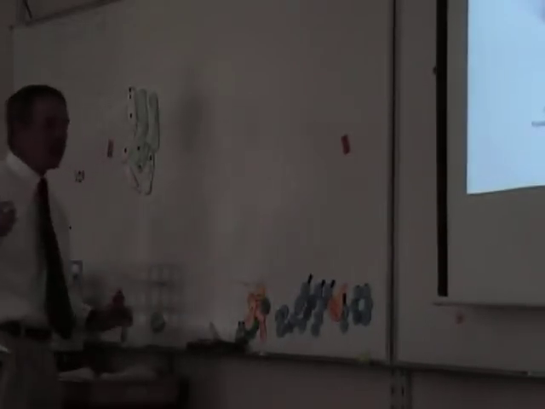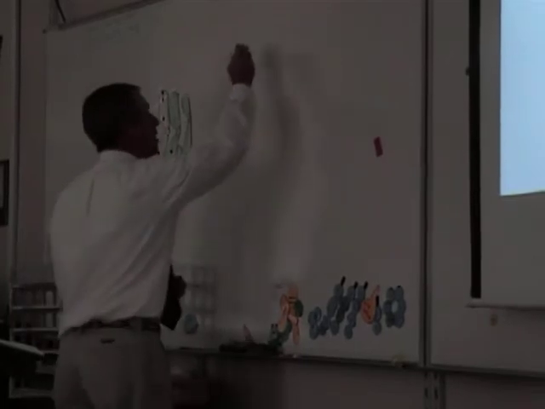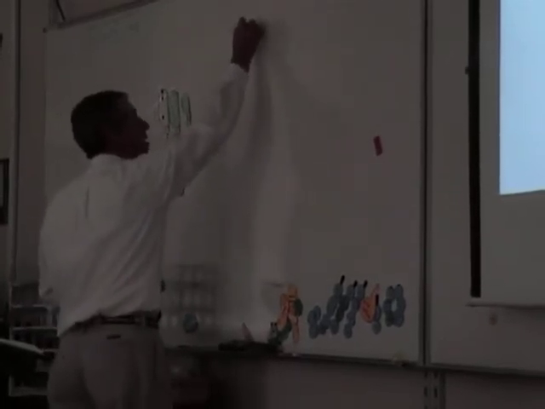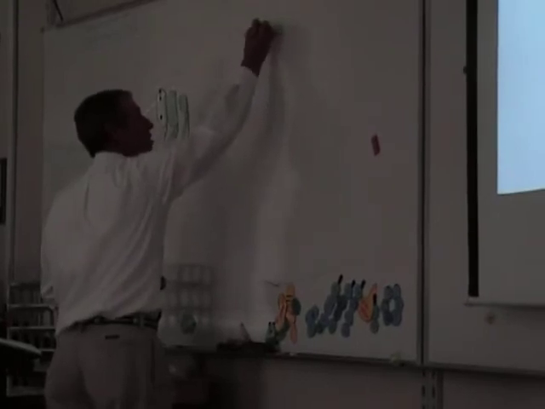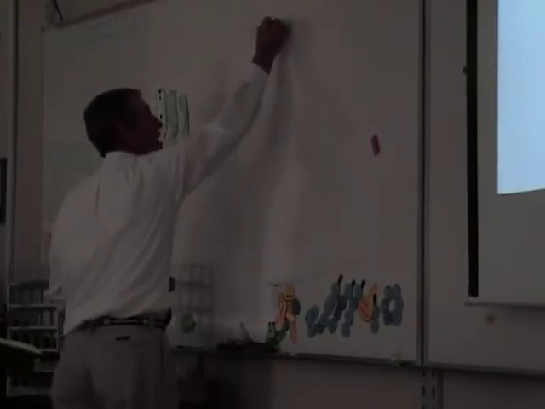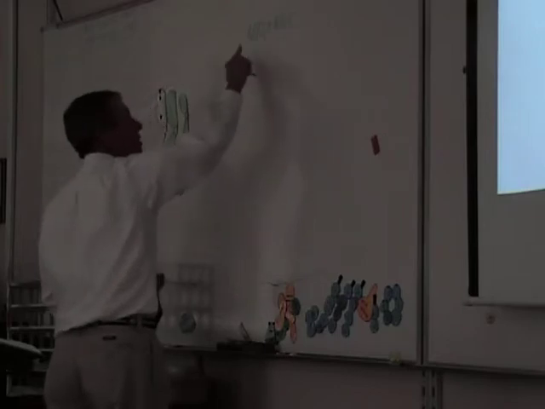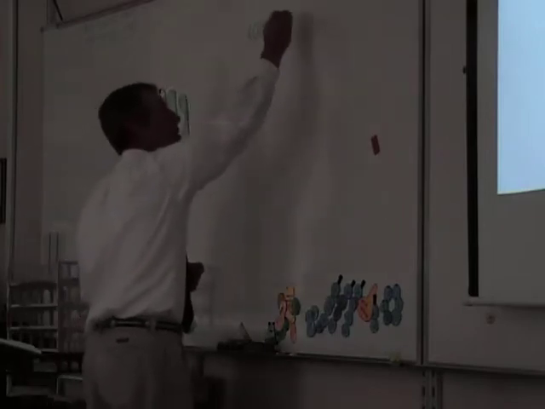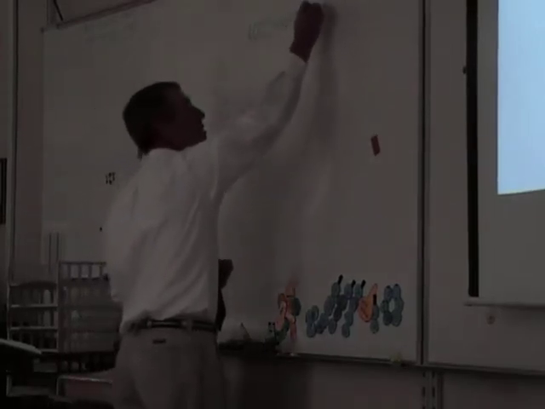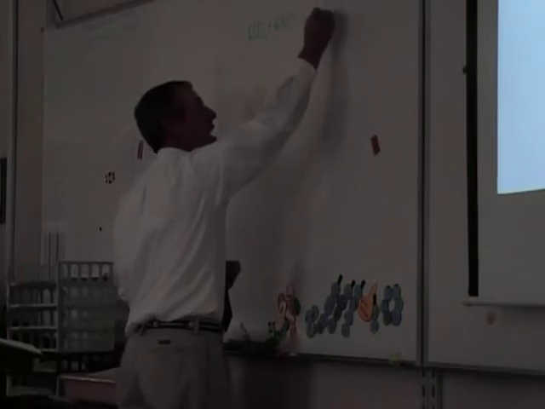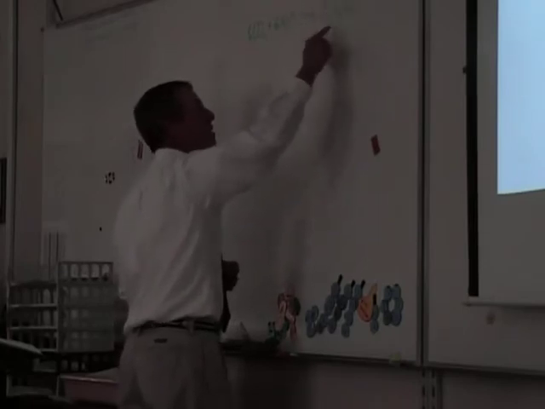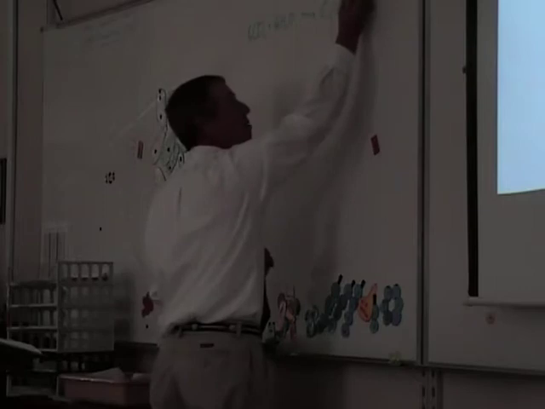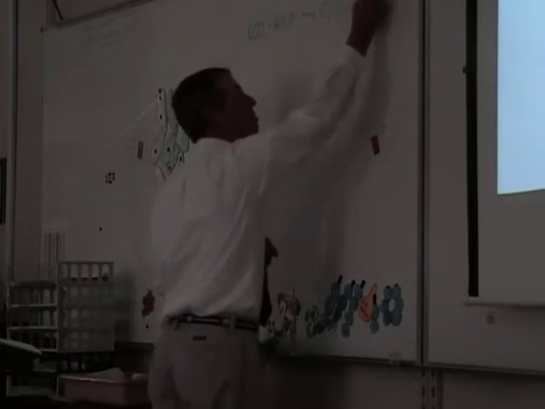And everyone here needs to memorize the equation for photosynthesis. Here it is. 6CO2 plus 6H2O, that's carbon dioxide and water, yields C6H12O6, that's glucose, plus 6O2.